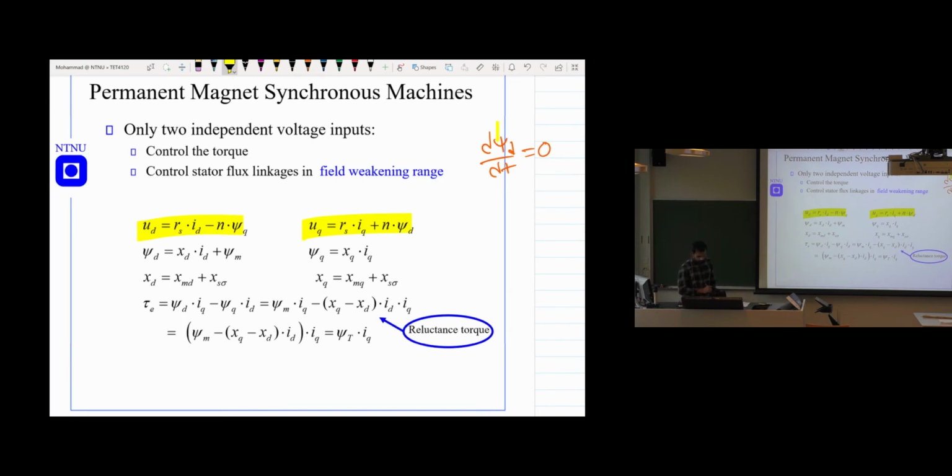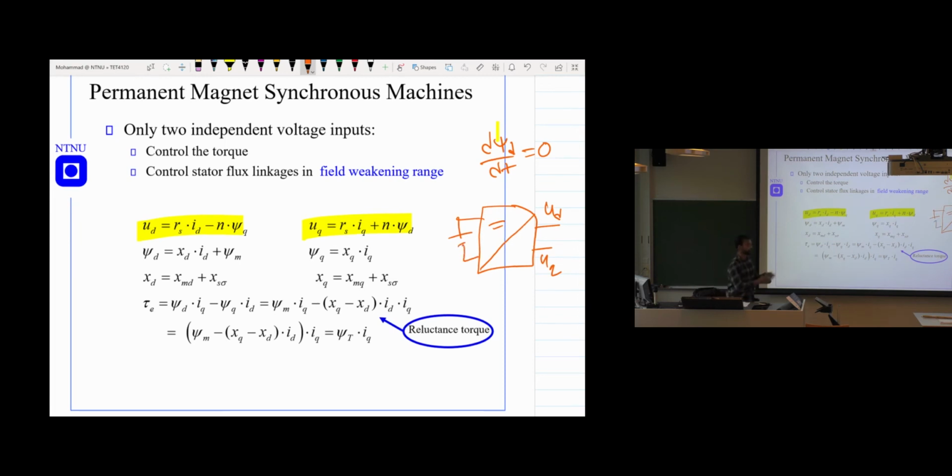So now we have these two equations, and we have the converter that we are using to supply power to the machine. When we convert them into DQ components, you have only two voltages, which are UD and UQ. This is the converter, and we have the DC source.